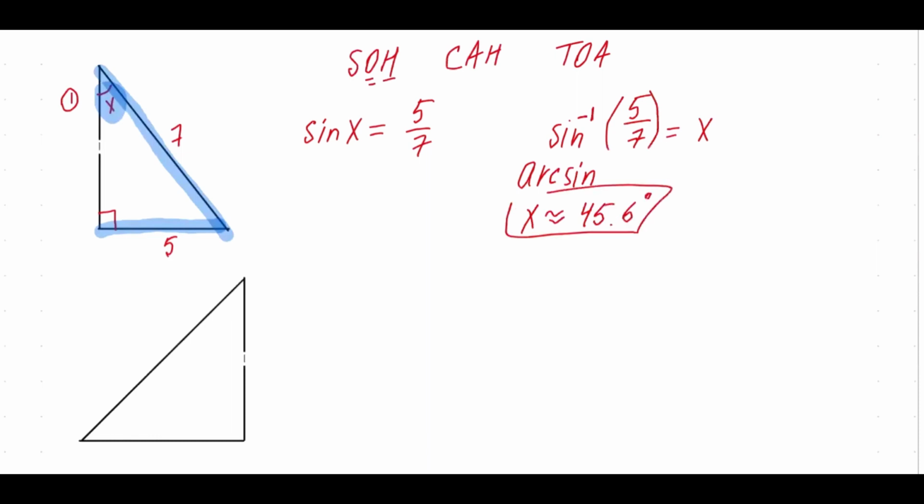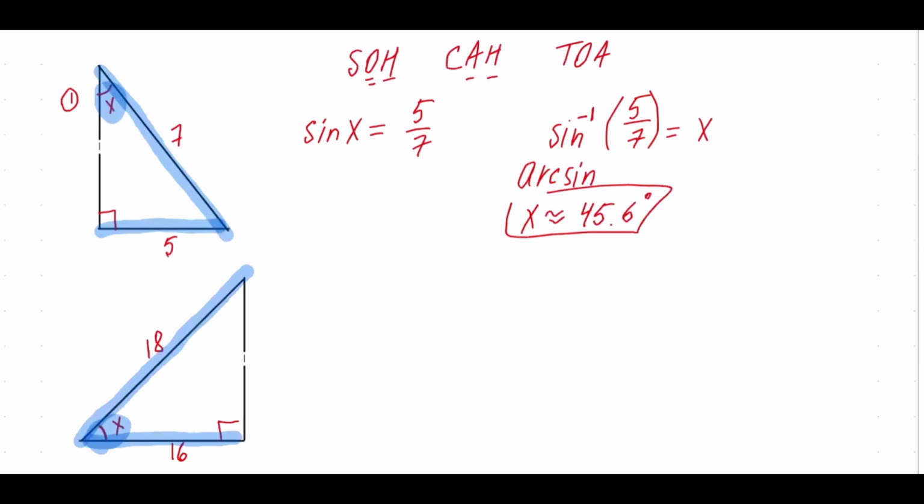Now let's try another example. I'll take the hypotenuse as 18, and here I'll take 16, and let's work with this angle. Again, we always start with the angle. In relation to this angle, what is given? We have the adjacent leg and the hypotenuse, so we need to use cosine.